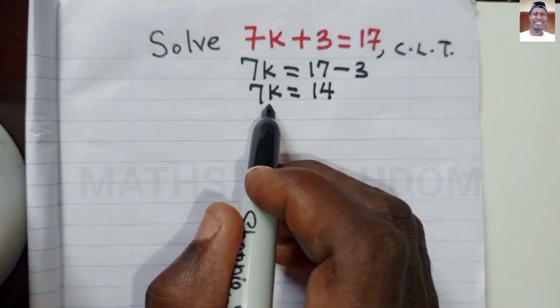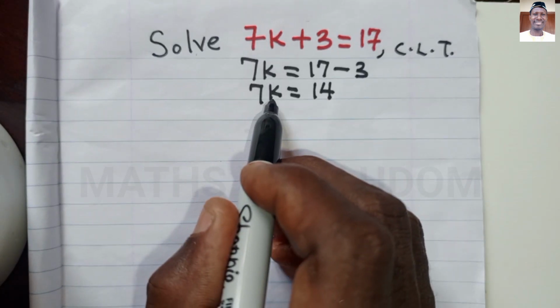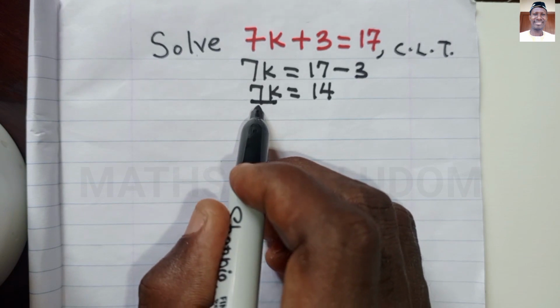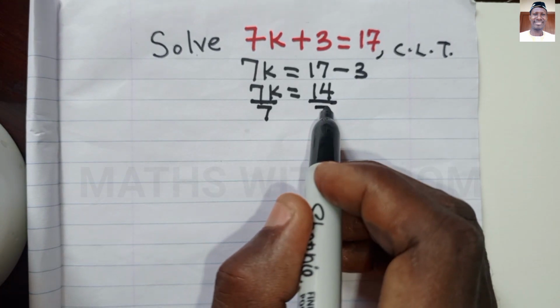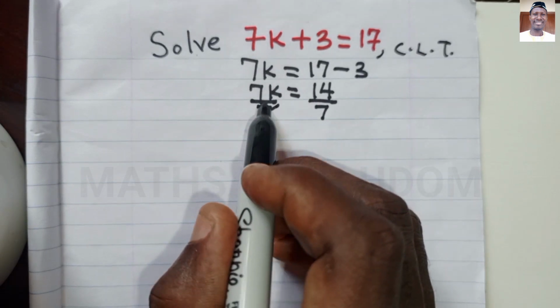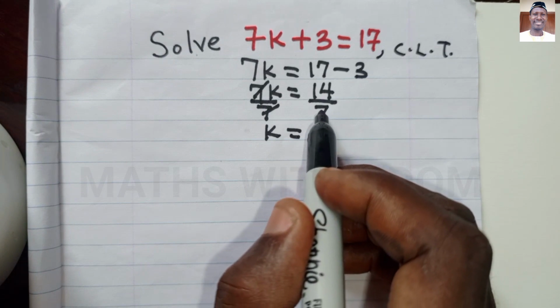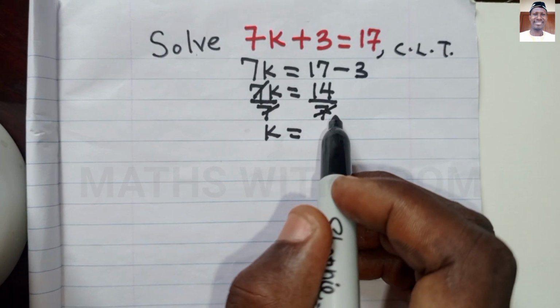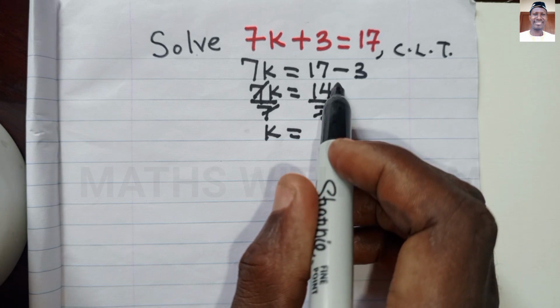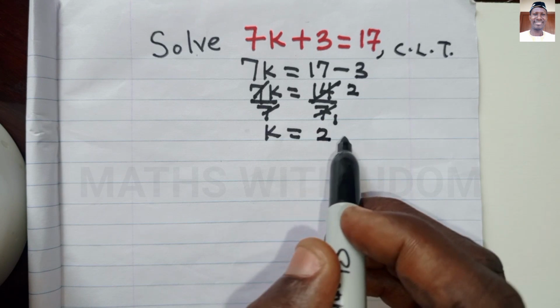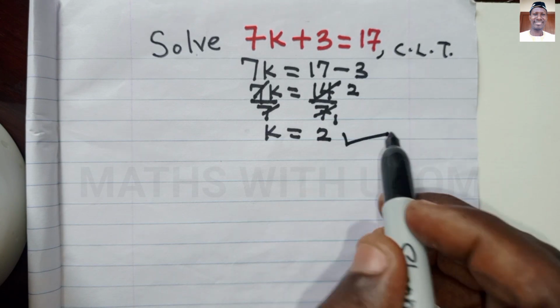To find the value of k, we divide both sides of the equation by the coefficient of k, which is 7. Left hand side divided by 7, right hand side divided by 7. So 7 cancels 7. We are left with k is equal to 14 divided by 7, which is equal to 2. So k is equal to 2. This is the correct answer.